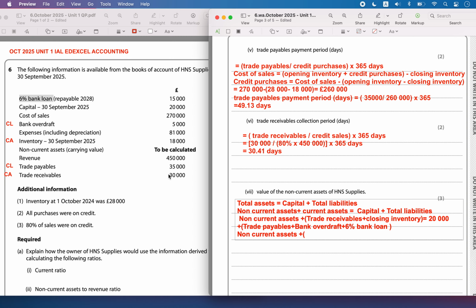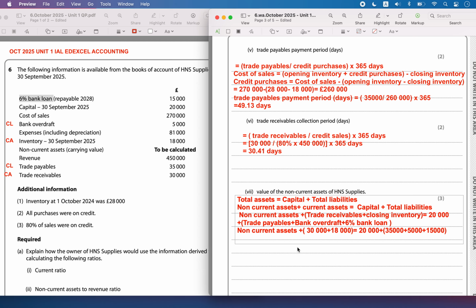Now substitute the values. The first one is the trade receivables, which is 30,000, plus the closing inventory value, which was 18,000. That should be equal to 20,000, that is the capital, plus the trade payables of 35,000, plus the bank overdraft of 5,000, plus the 6% bank loan of 15,000.